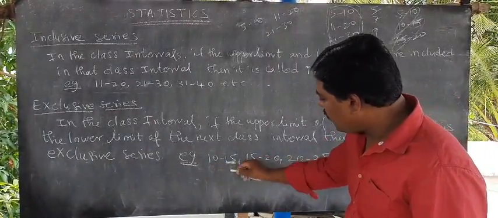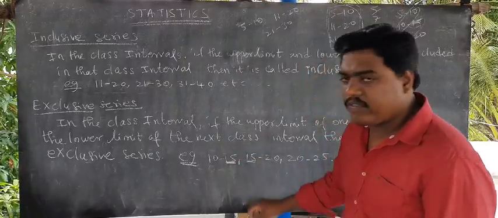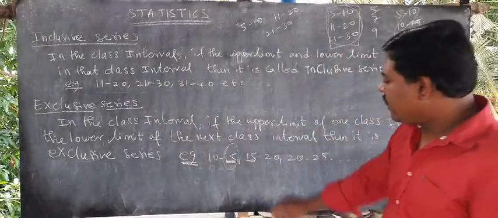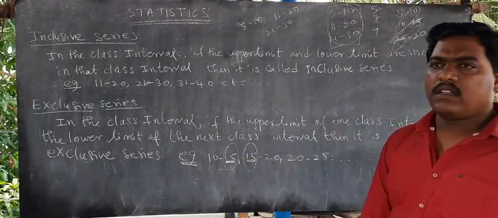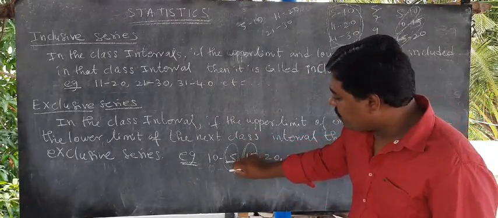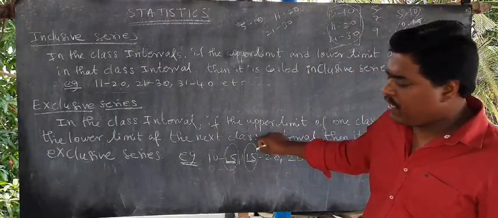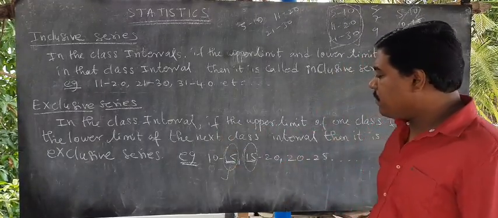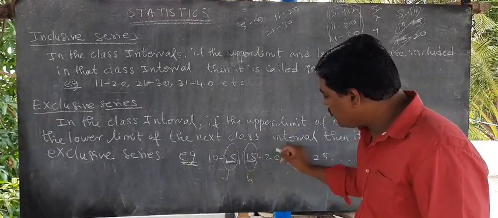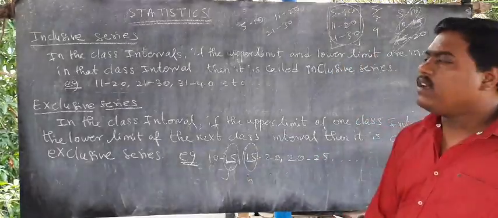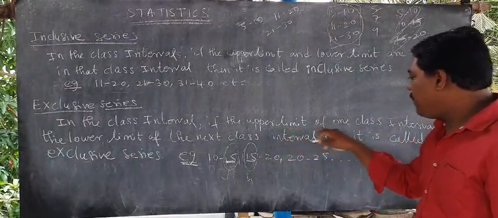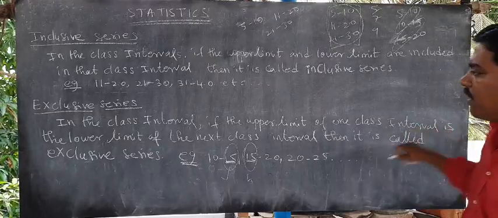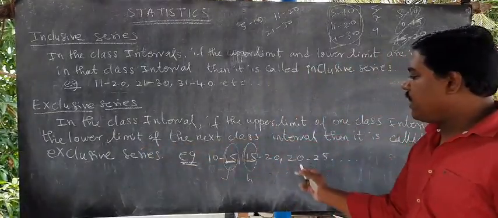Here 15 is a greater number compared to 10. So here is the large number, and the same number in the next interval is the small number. So we are saying the upper limit of one class interval is the lower limit of the next class.